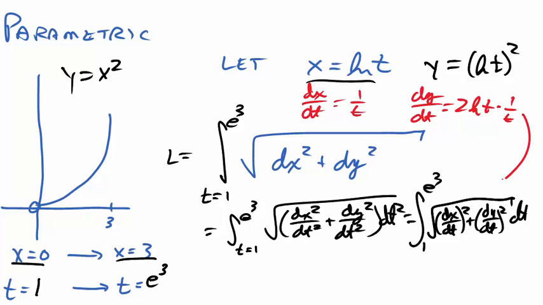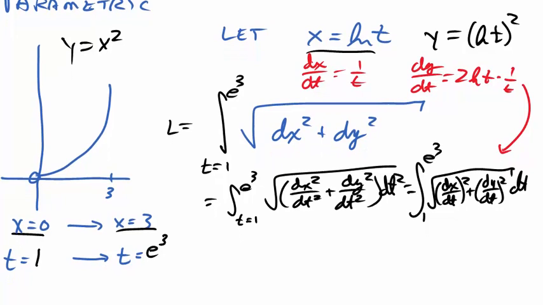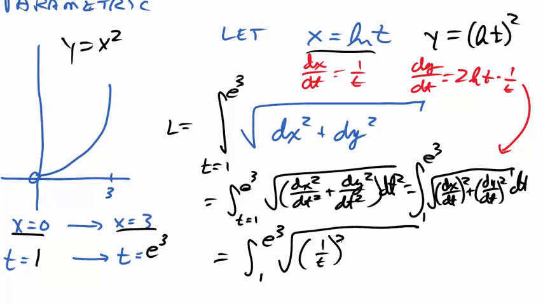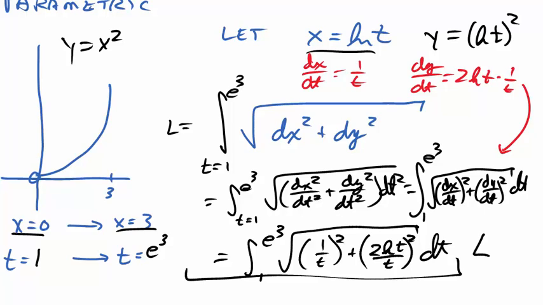And if I substitute both of those values back into this integral, then what I end up with is an integral from 1 to e cubed of the square root of dx dt squared plus dy dt, 2 natural log of t all over t, squared, dt's. Yet a third option for what this curve might actually be. And again, I'm going to put that on hold. We'll do a calculation of all of this at the end.